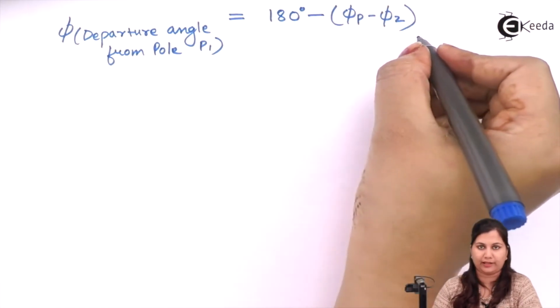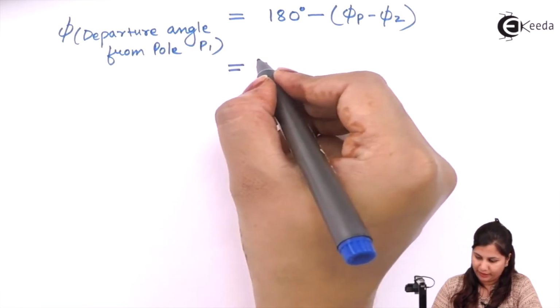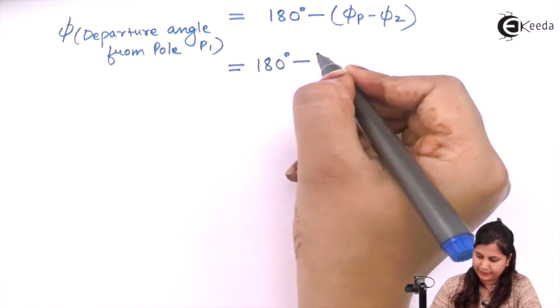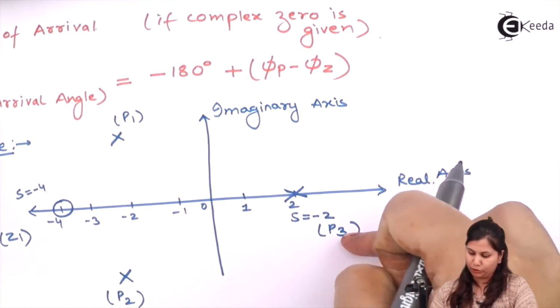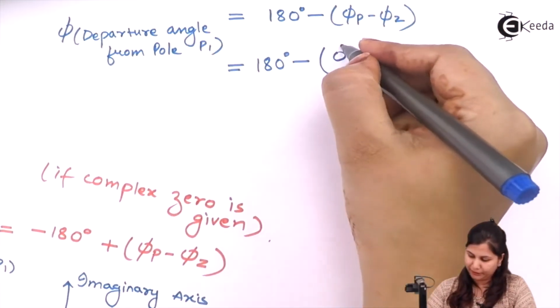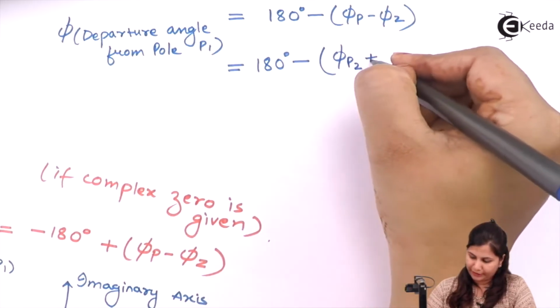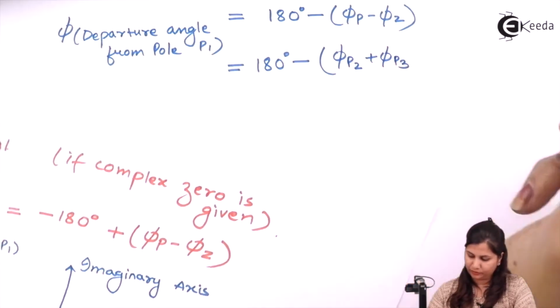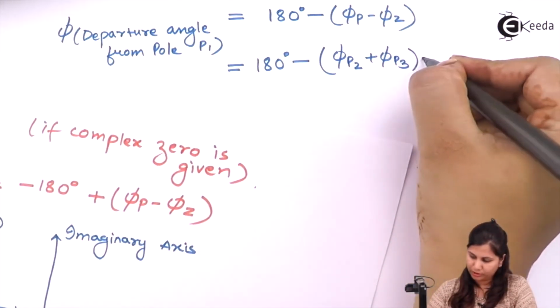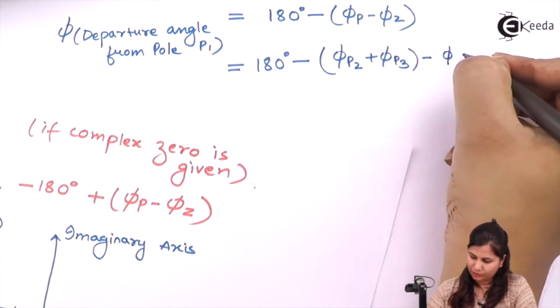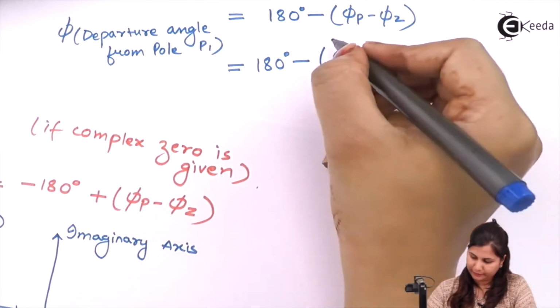Substitute the value of the angles. Phi p, we have 3 poles, P1, P2, P3. So for P1 we will have phi P2 plus phi P3. Okay, and phi z will be what? Phi of Z1.